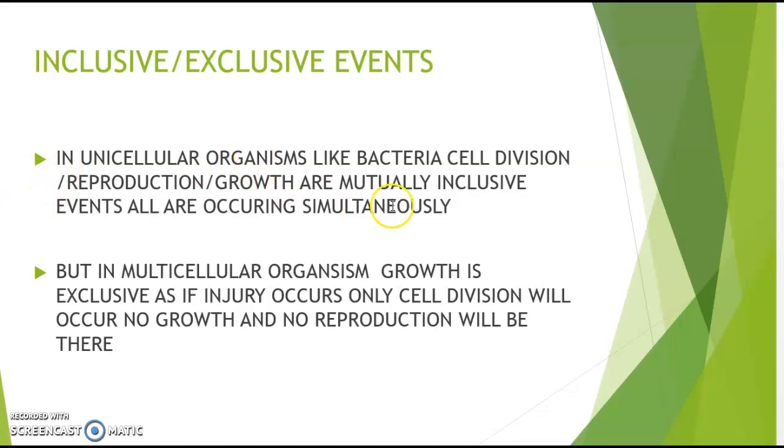In a unicellular organism like bacteria, if we check cell division, reproduction and growth, all three processes are mutually inclusive events, all occurring simultaneously. I just told you that a bacterium is a single cell. If cell division happens inside the bacterium, it makes two daughter bacteria, and we call that cell division. Similarly, the same thing you can also call its reproduction, because the bacterium, at an interval of 20 minutes, will divide and form two daughter bacteria. So that is a sort of reproduction.